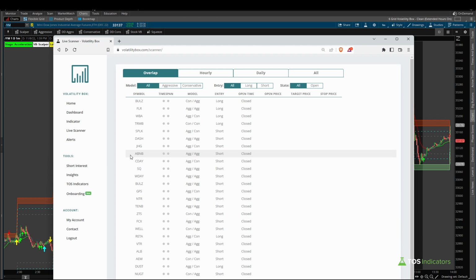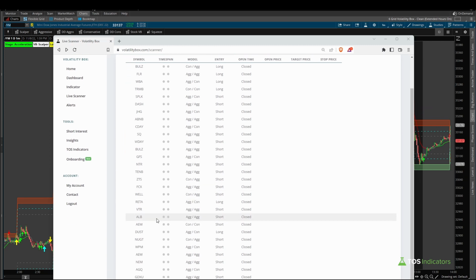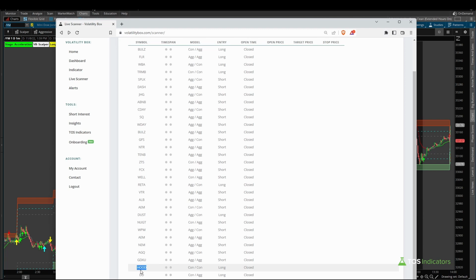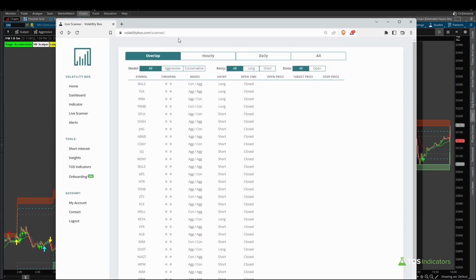And since then, we had price action chop around sideways, and then finally, with the broader indices selling off, these stocks started to follow suit as well. If you were looking for earlier entries, you had the likes of Robinhood, you had some other gold stocks that triggered in the morning, you had FCX, ZTS, variety of different stocks from different sectors, all breaching the overlap tab today based off of the volatility we saw in the broader markets.